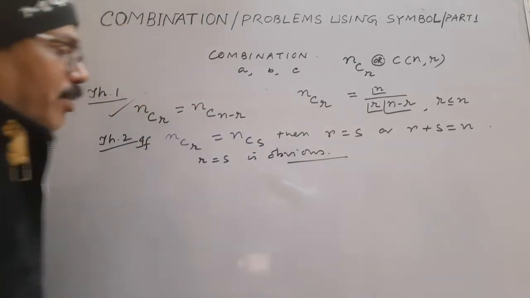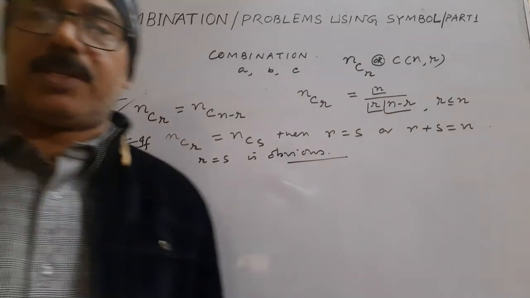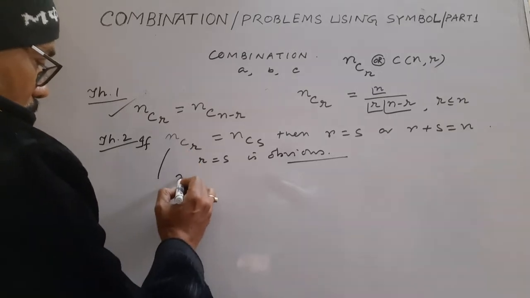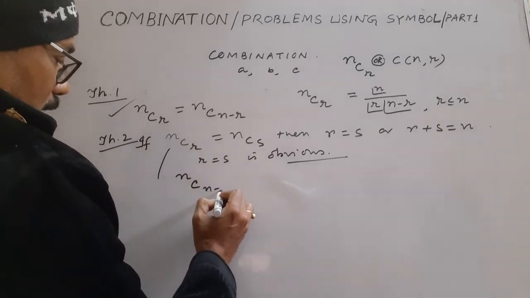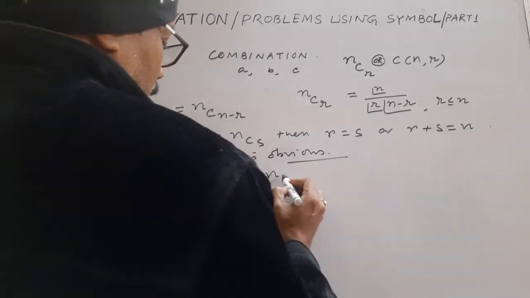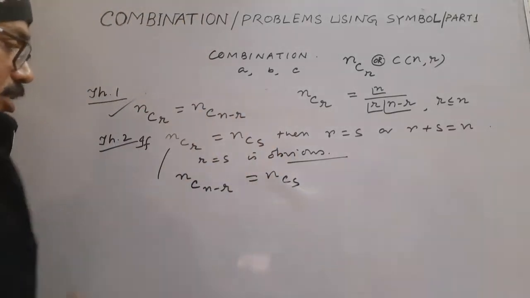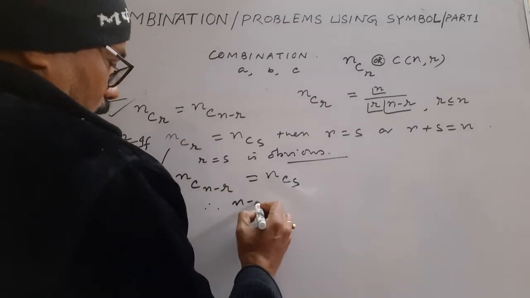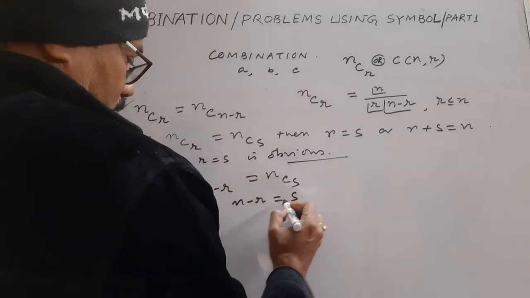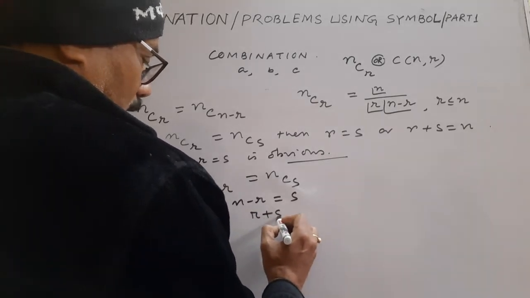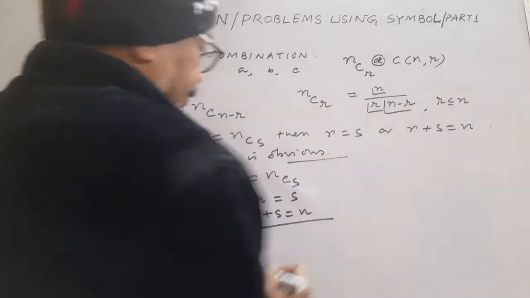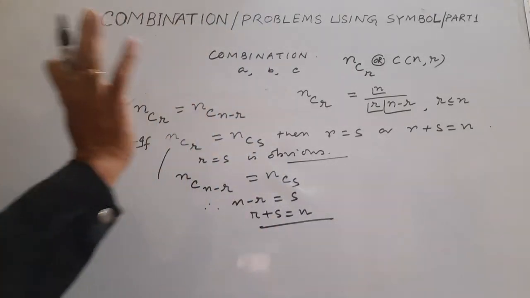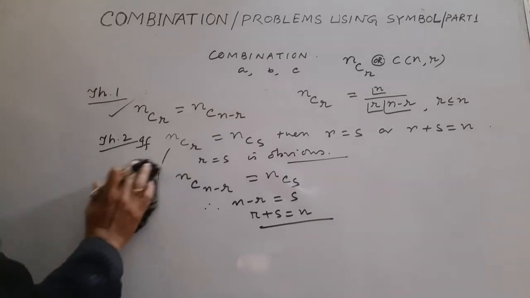Now by the complementary combination theorem, nCr equals nC(n minus r), and nCs as it is. The upper suffixes are the same, so n minus r equals s. So r plus s equals n. We need only the result, not the proof.